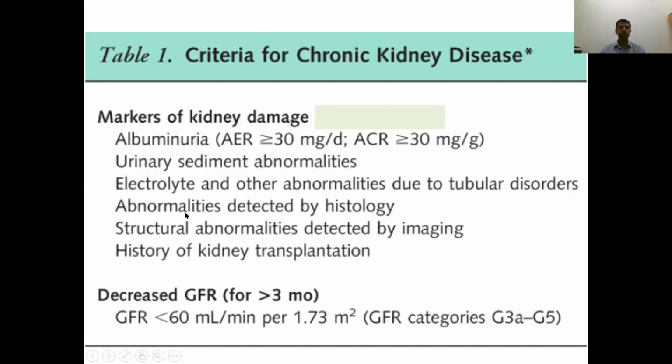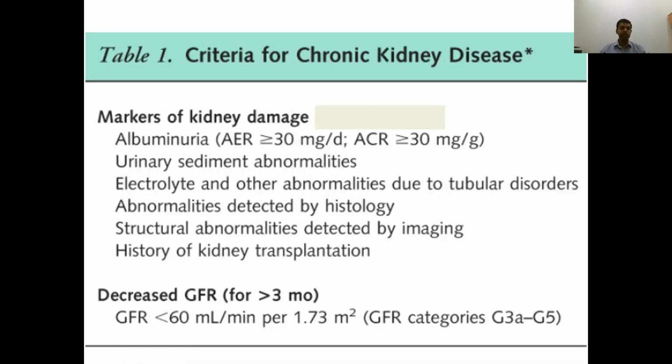On a biopsy, if there are abnormalities on histology, or structural abnormalities, for example, a unilateral kidney, horseshoe kidney on ultrasound scan, hydronephrosis, those are all considered abnormalities. Or if you are going by function of the kidney, if you have a GFR of less than 60 ml per minute per 1.73 square meters, any of these is considered an abnormality. And if lasting for more than 3 months, that is considered CKD.